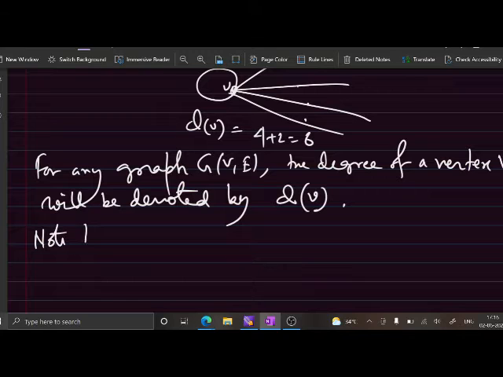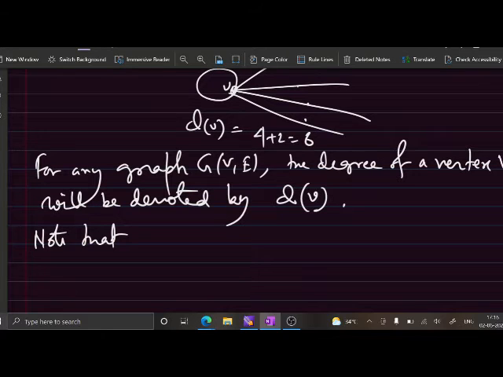Note that if in a graph you find a vertex on which there is no edge incident to it, then that vertex is called an isolated vertex.